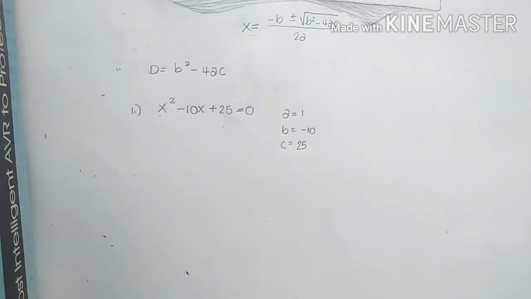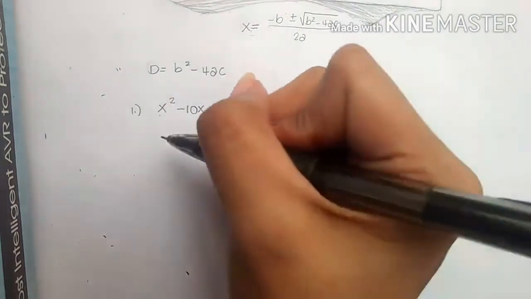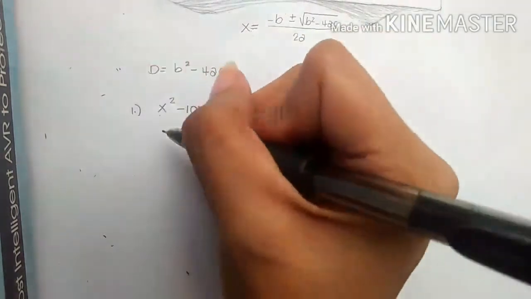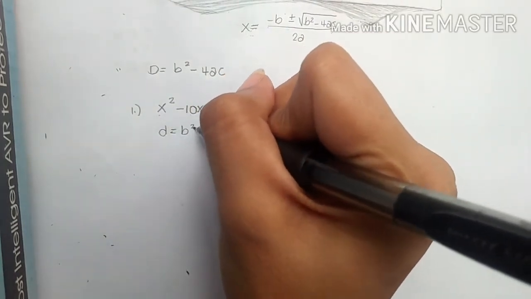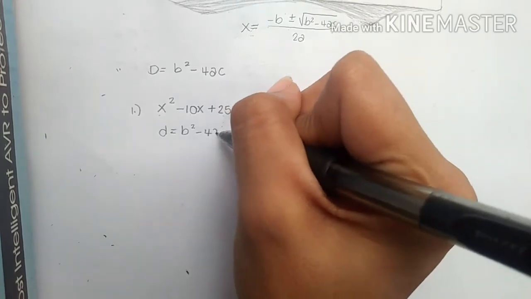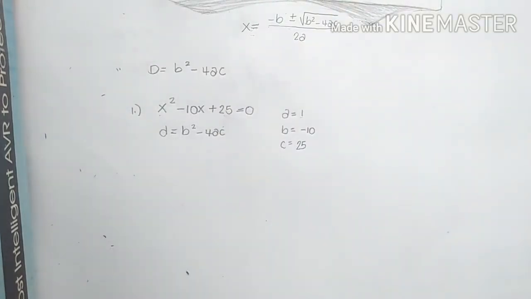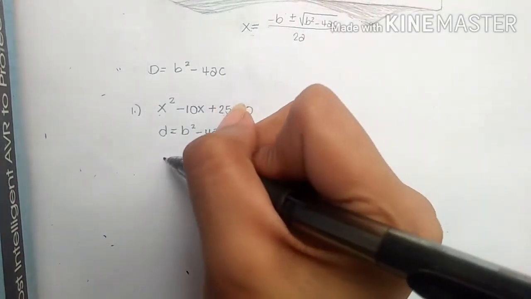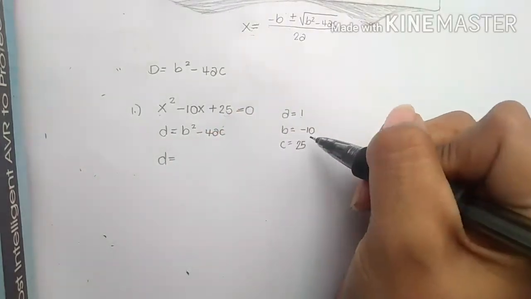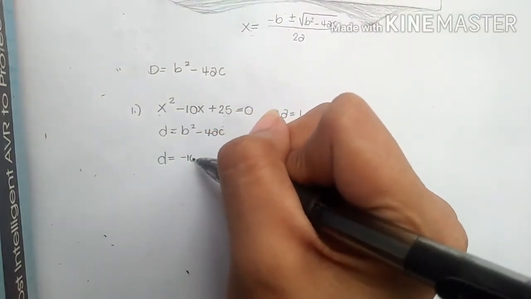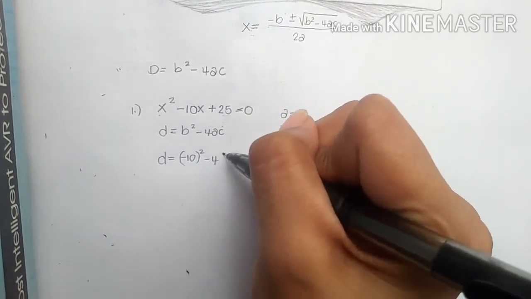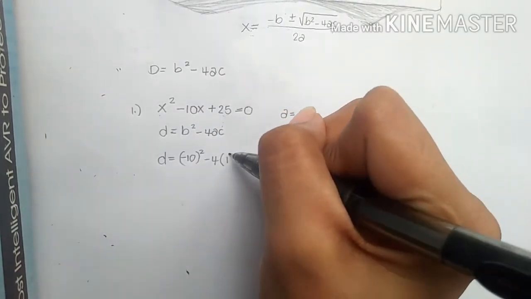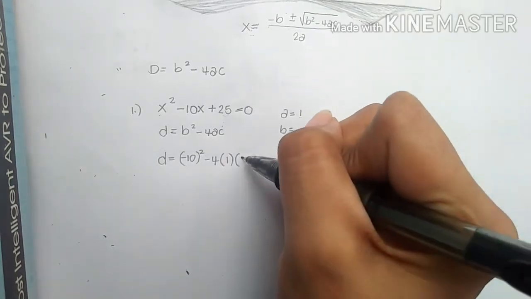After that, write the formula, and then substitute. What is our B again? That's negative 10 squared minus 4, what is our A? 1. And our C is 25.